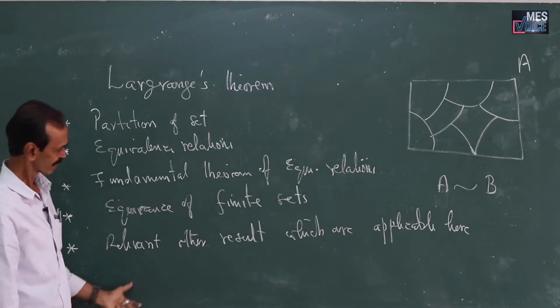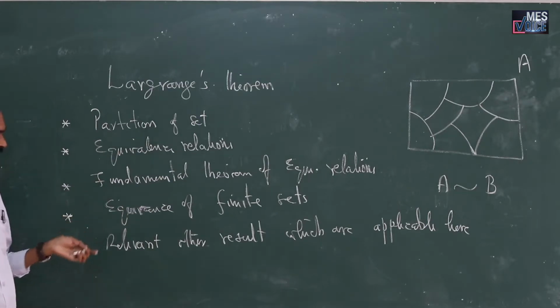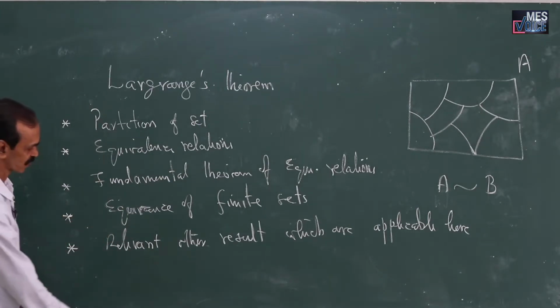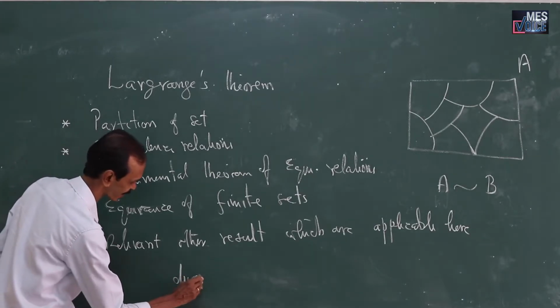The last one: some relevant results from other sections. For example, from number theory, we make use of a simple relation known as divisible by, or divides.